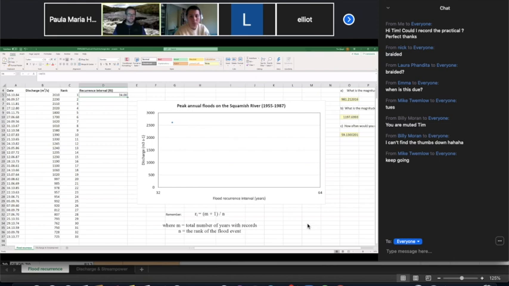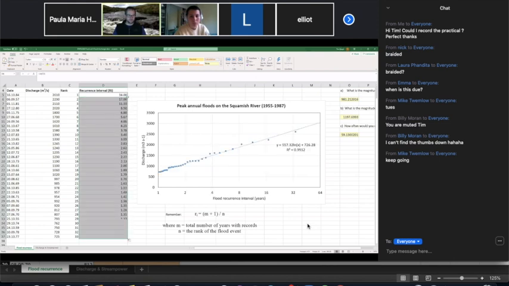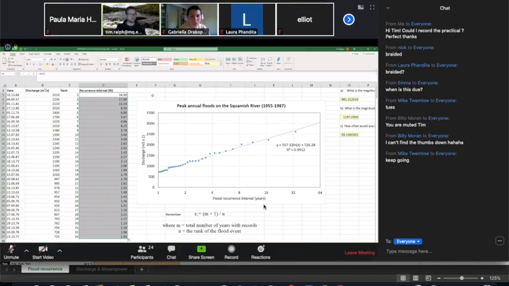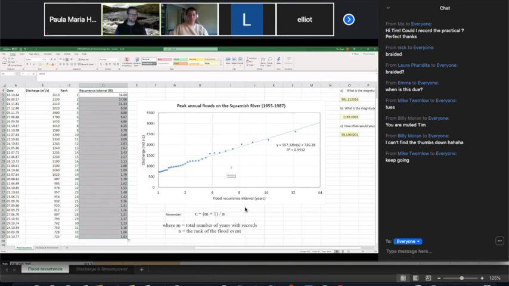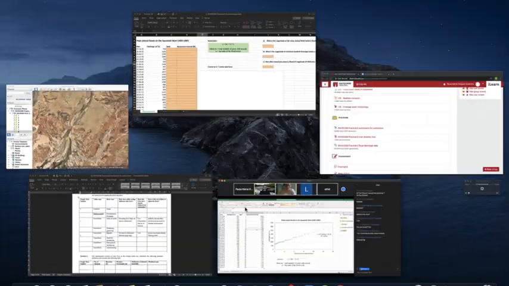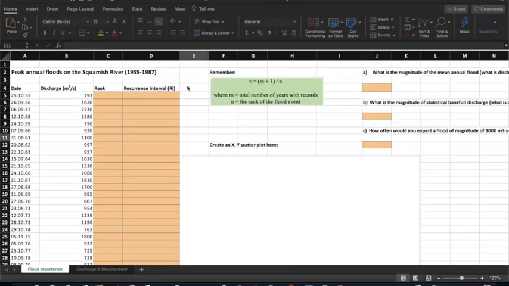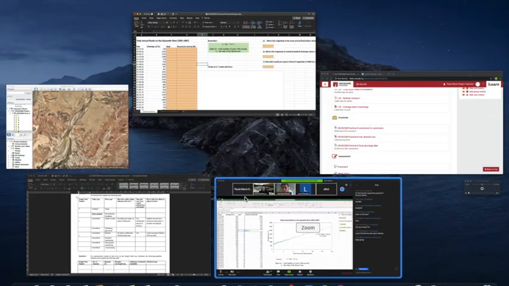Either way, we can now double click and populate that formula. Oh look, my graph just created itself because I'd already made it. There you go. You can do this. We'll make this graph in a moment. Okay, so what we've done there is it's the same formula, 34 divided by that particular rank.